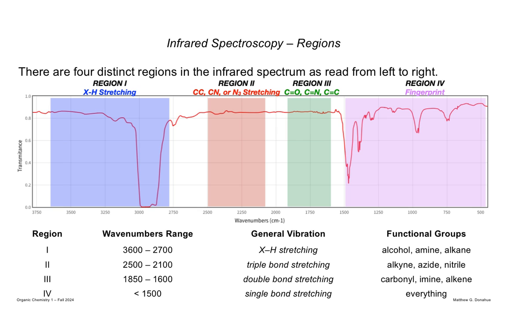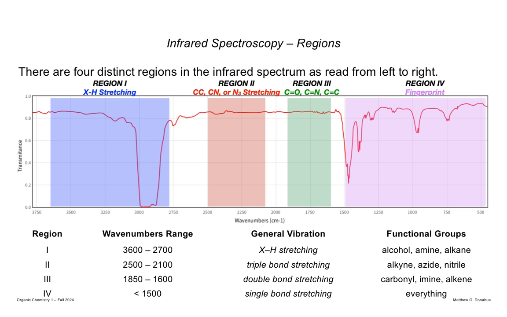And so to summarize what we're looking for in each region, region 1 spans from 3,600 to 2,700. Your CH, OH, NH stretching in alcohols, amines, and alkanes. Region 2, 2,500 to 2,100.